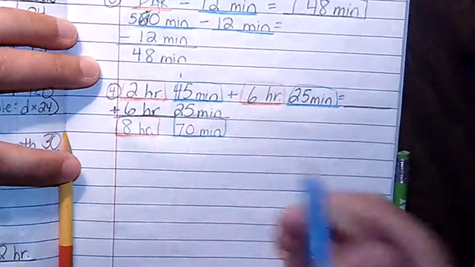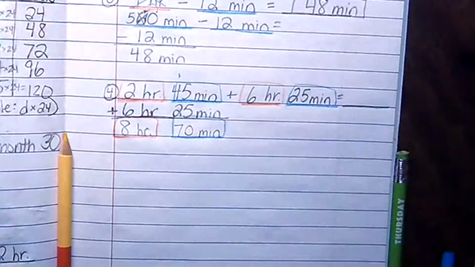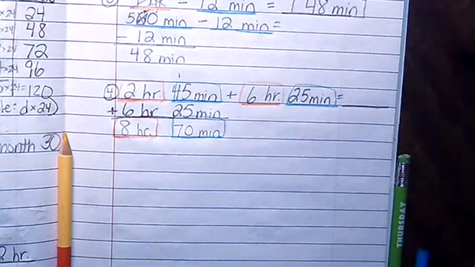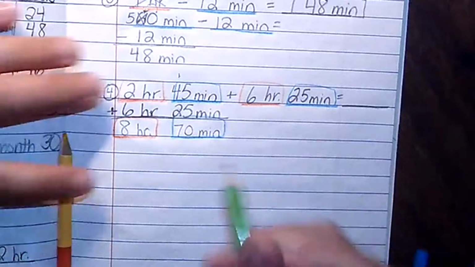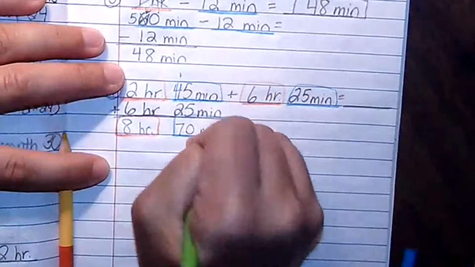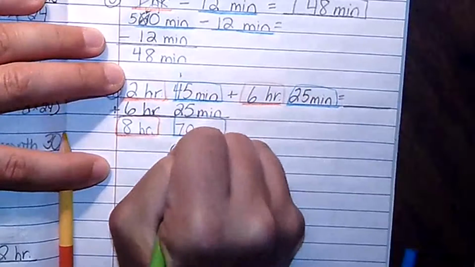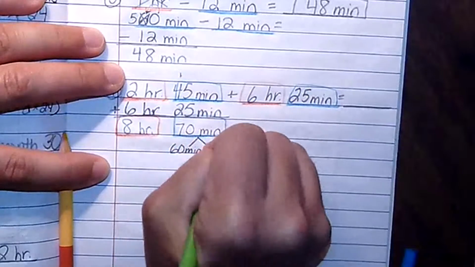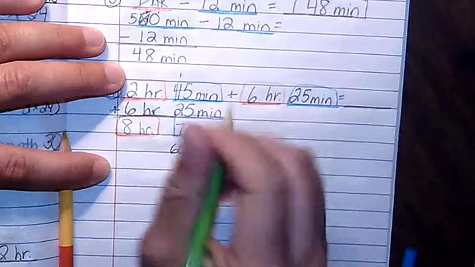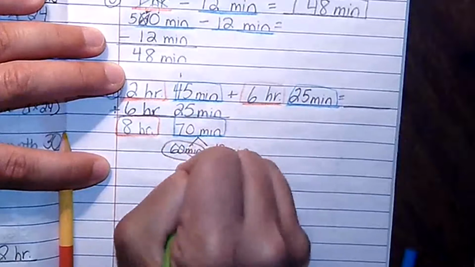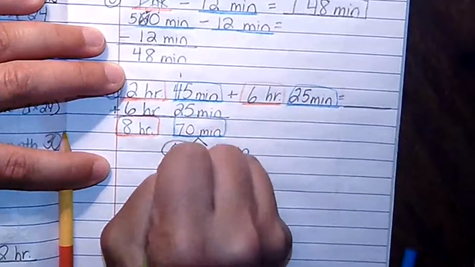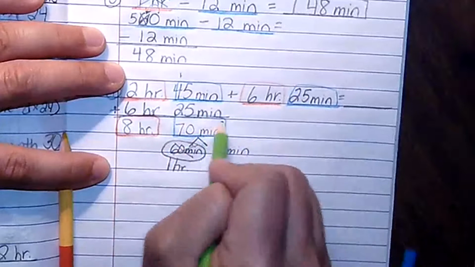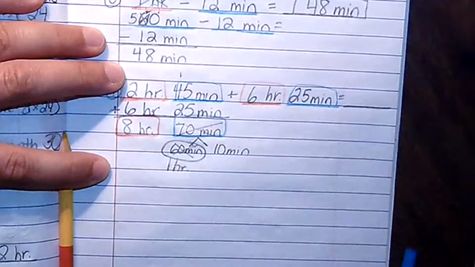Now, can I make a trade with 70 minutes? We don't usually say we're going somewhere for 70 minutes. We would say it differently. I know that 60 minutes equals an hour, so it's kind of like a number bond. I'm going to take out 60 minutes. It's going to leave me with 10 more minutes. This 60 minutes I'm going to rename to 1 hour, just like a number bond.